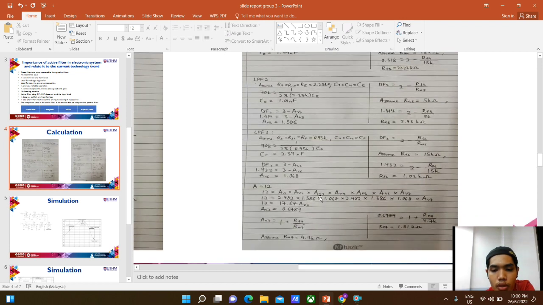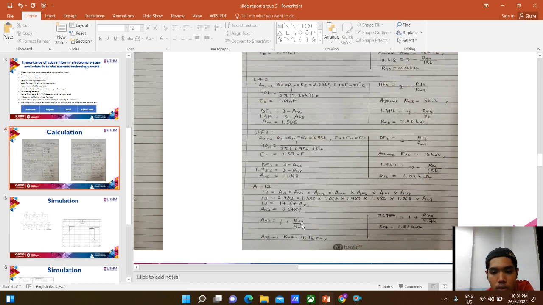Lastly, we use the summing amplifier. We combine all the currents from the high pass filter and low pass filter from each method. So this is current 1 until current 7, and we want to find current 7. This is the answer for the high pass filter and low pass filter currents here, and here is the answer for current 7.